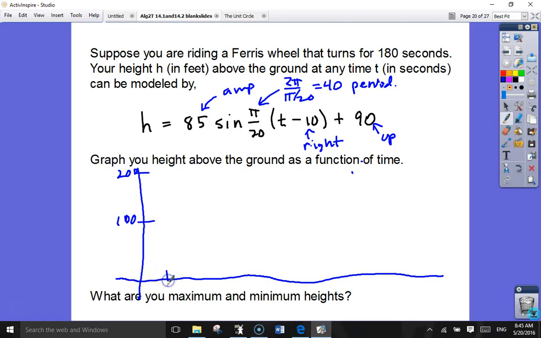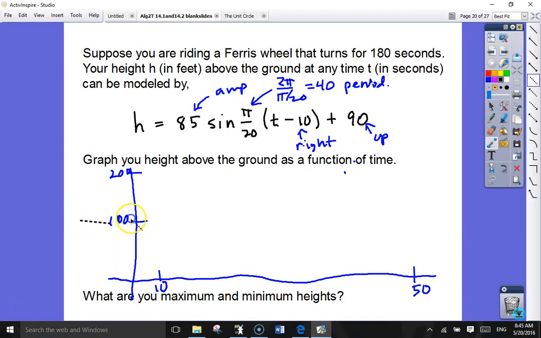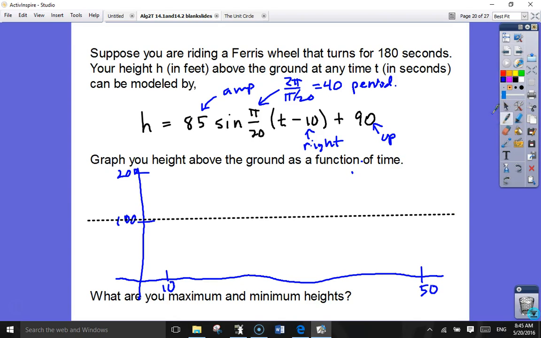So let me start that at 10. And then its period is 40. So if I add 10 plus 40, it should go through one complete cycle by the time it gets to 50. Like that. Okay, I'm going to draw a new center line in there, and from there we can sketch it in.